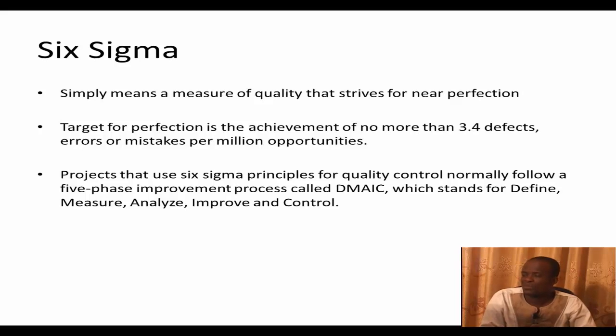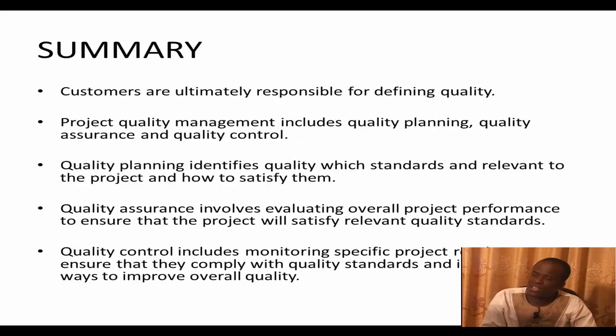So if you produce a million parts of something, the target is that out of a million parts, only 3.4 should be defective. Projects that use Six Sigma principles for quality control normally follow this 5-phase improvement process, the DMAIC, which stands for define, measure, analyze, improve, and control.